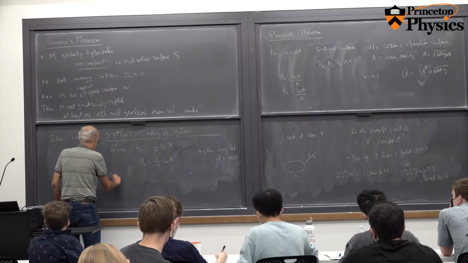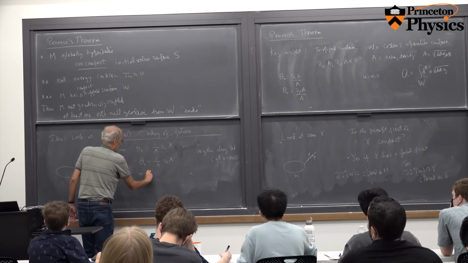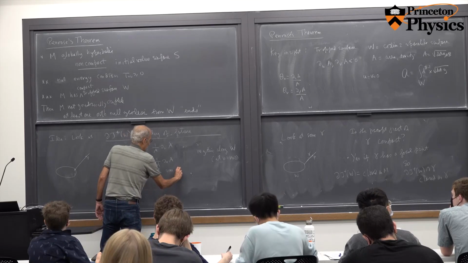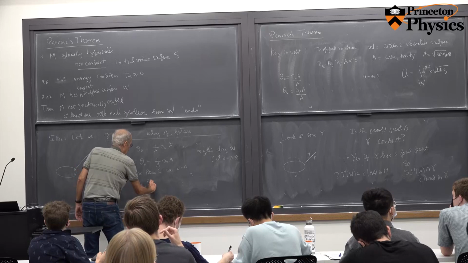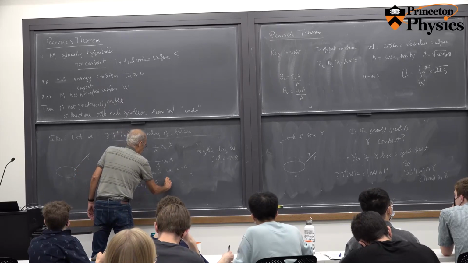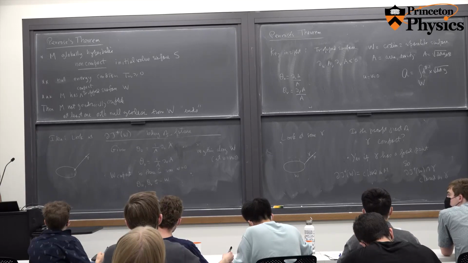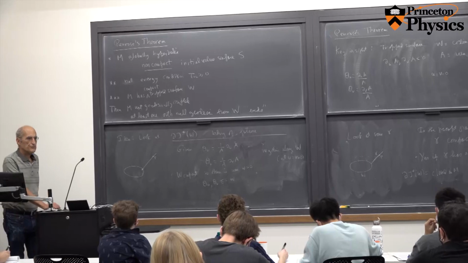Since W is compact, they're uniformly negative. There is some lower bound: there's some w greater than 0, such that theta u and theta v are everywhere no bigger than minus w. If they're negative on a compact manifold, then there's some bound strictly less than 0.